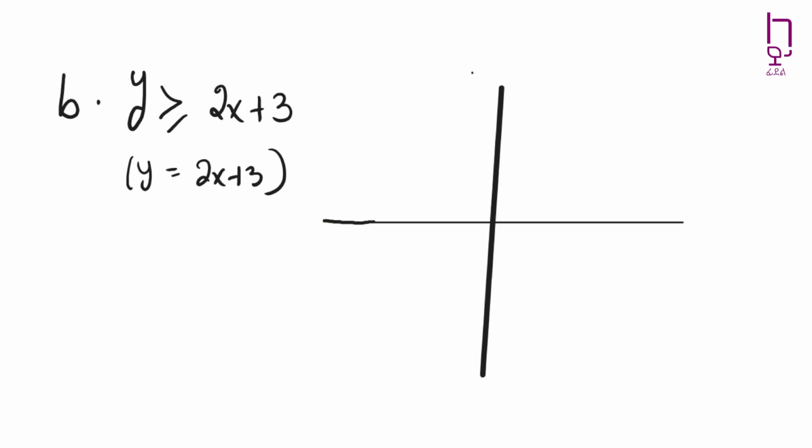This is my y coordinate and this is my x coordinate. This is 0, obviously. Let me mark the coordinates. You have 2 here, and -2 somewhere here. These are x coordinates.